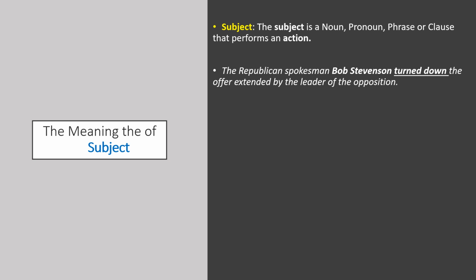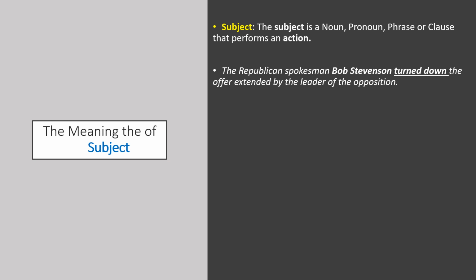In this sentence, the subject is Bob Stevenson and the verb is turn down. And the subject, Bob, performs the action, that is turn down.